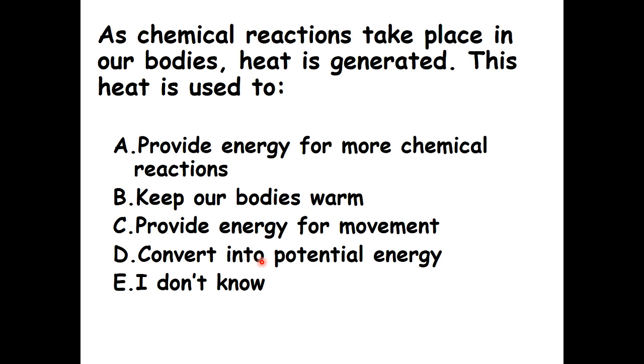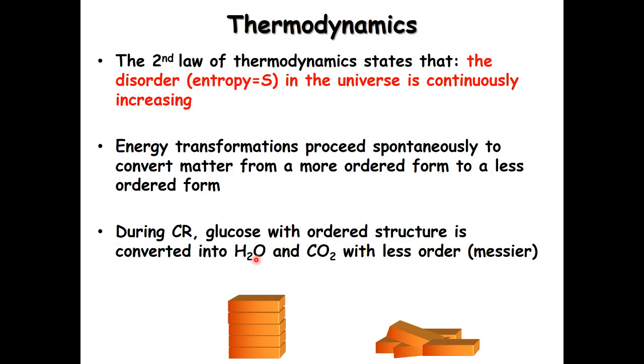Okay, so most of you voted for B. Good. So remember that. Now, the second law of thermodynamics talks about entropy. If you haven't seen the word entropy before, it's just talking about the disorder of the universe.